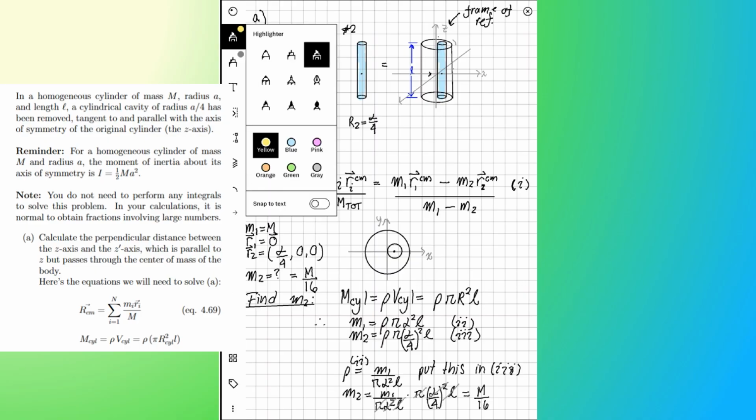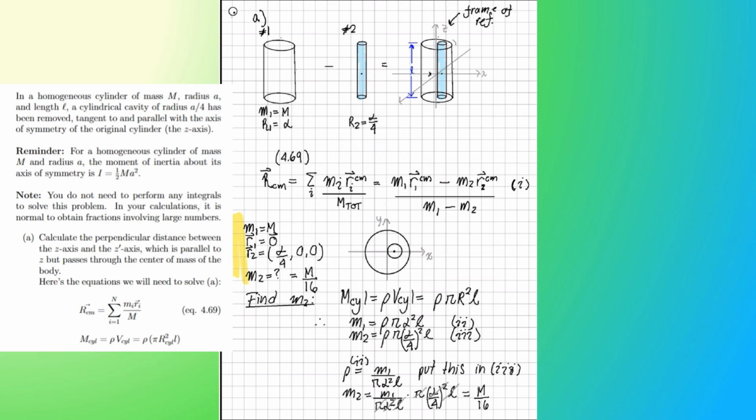So now we have all of our ingredients to solve equation number 1. So let's just do that.